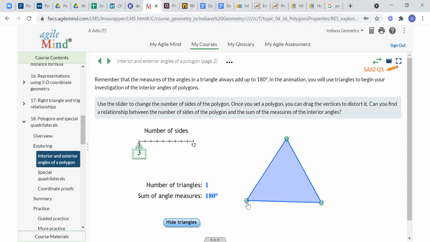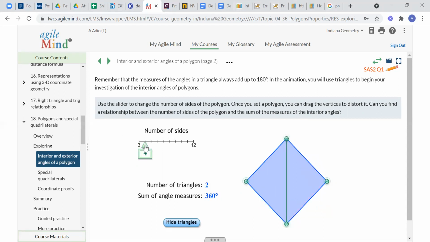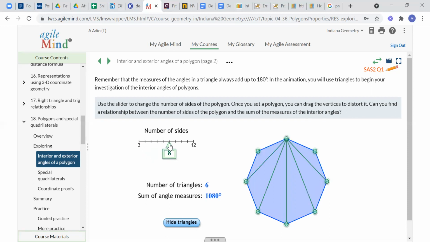Even though you move it anywhere, it's still 180. And if you have a four-sided figure, the sum of interior angles in a quadrilateral is always 360, meaning n minus 2, which is 4 minus 2, 2 times 180, 360. And it goes on like that. If you have an 8-sided figure, it's going to be 1080, meaning 6 times 180.